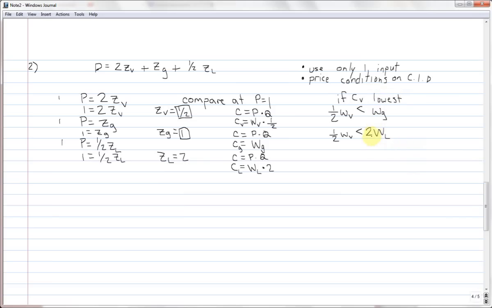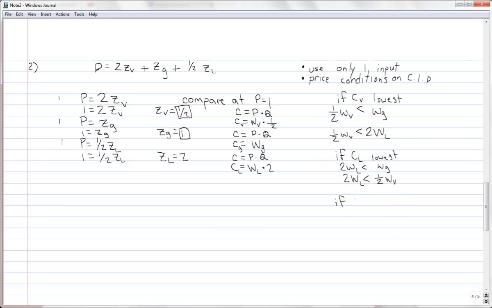Now I can tell a similar story for CG and CL, and they're going to look similar. So if CL lowest, then 2WL has to be less than WG, and 2WL has to be less than 1/2 WV.